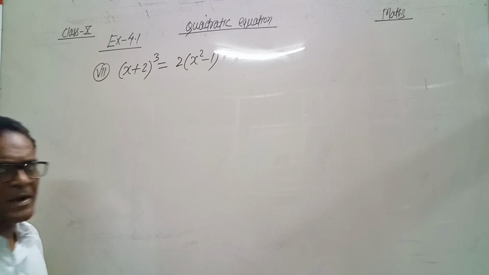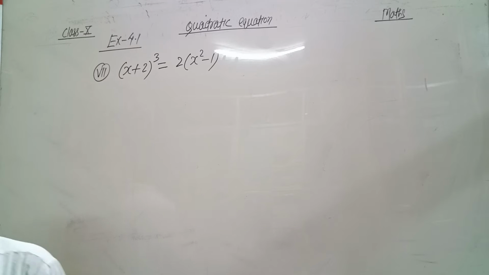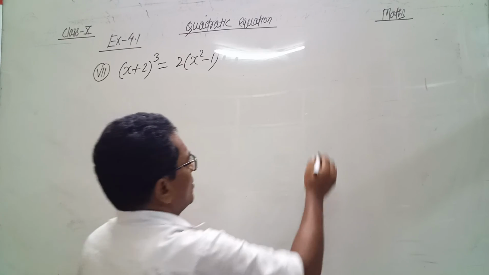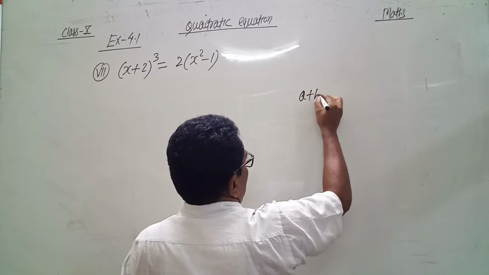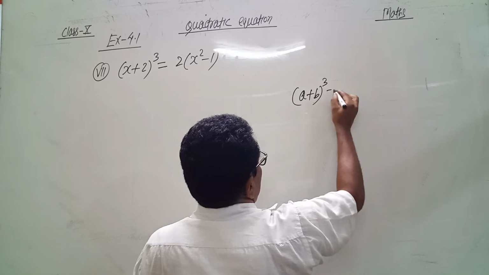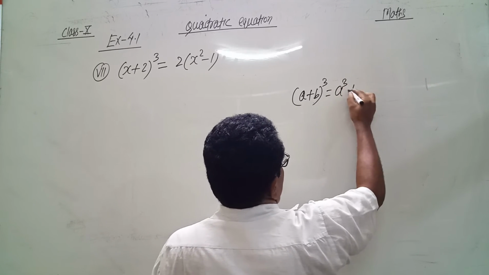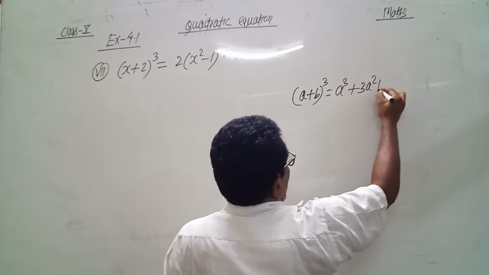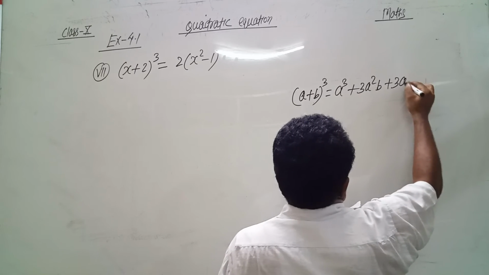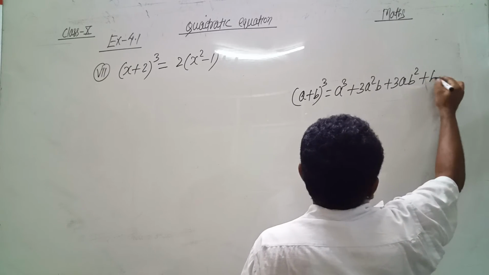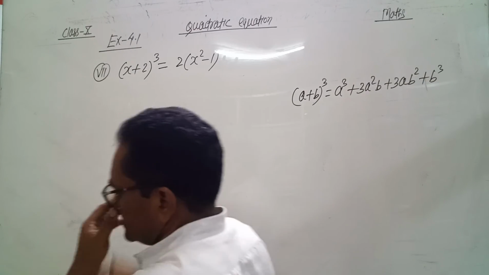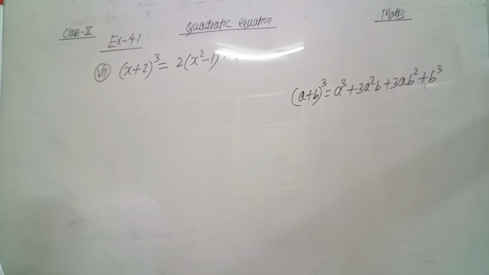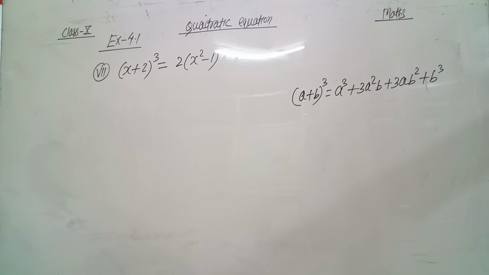So this will be expanded on the formula a plus b the whole cube, and the formula for a plus b the whole cube is a cube plus 3a square b plus 3ab square and plus b cube. So this x plus 2 the whole cube will be expanded on the same formula.